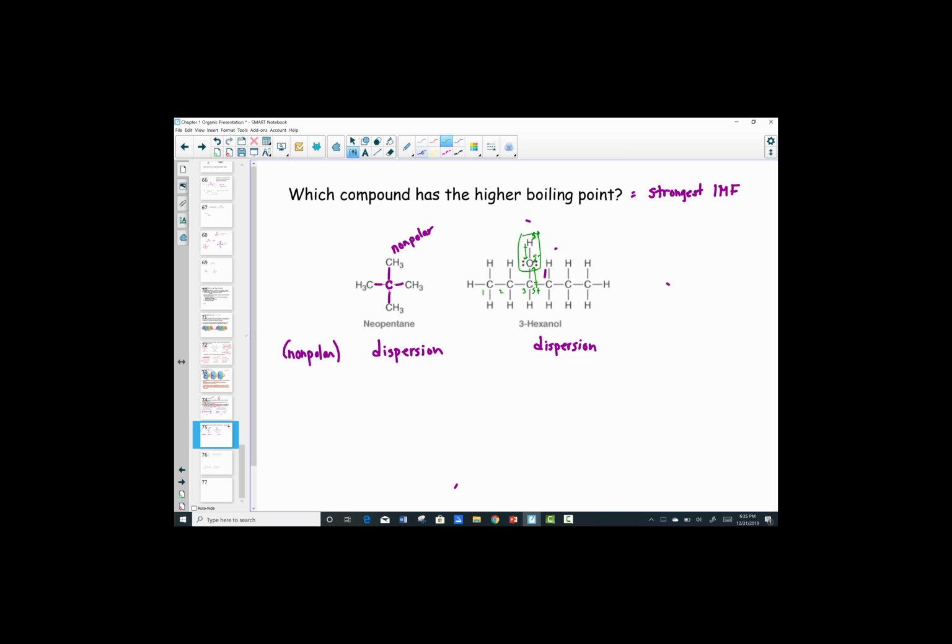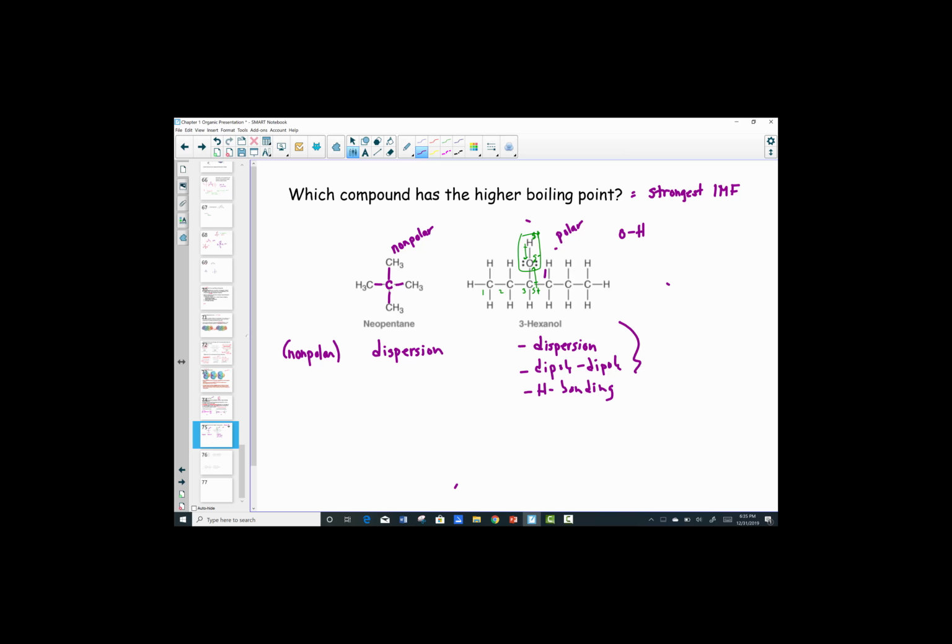So not only does this have dispersion, this means that it is a polar molecule, so it exhibits dipole-dipole interactions. And notice also that it meets the criteria for hydrogen bonding. It has an O attached to an H, so it exhibits hydrogen bonding as well. All three intermolecular attractions are present in 3-hexanol.